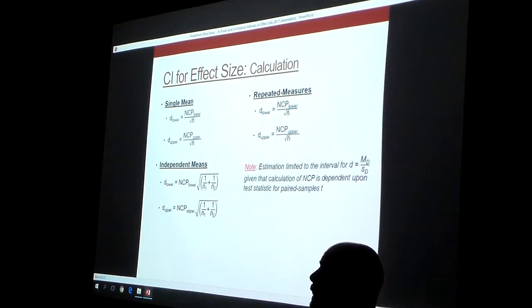And so, if we want to calculate a point estimate around a paired sample test, we're really kind of stuck with standardizing our effect size, our point estimate, using the standard deviation of the difference scores. Now, what's our concern about using the standard deviation of the difference scores as our standardizer in general?